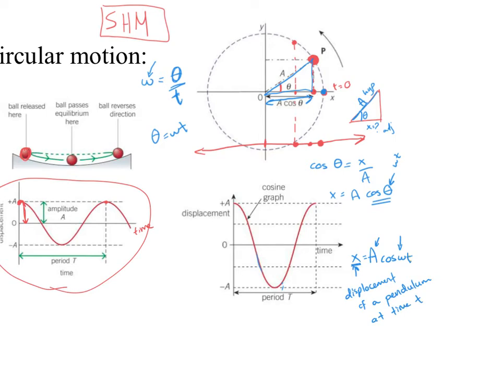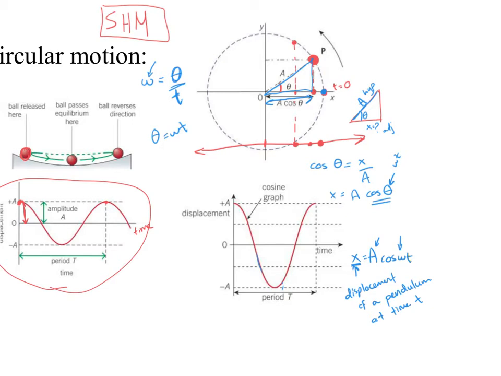So if we know the time, the frequency, and the amplitude, you can find the displacement of the oscillating object at a specific time that you're asked to calculate it for. So that's basically how we can link circular motion to simple harmonic motion.